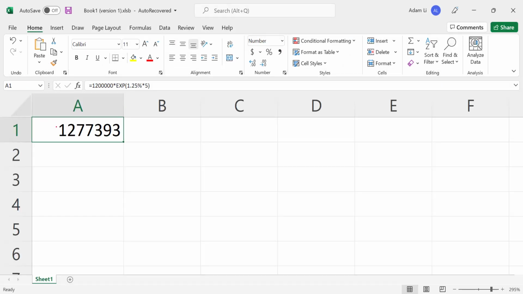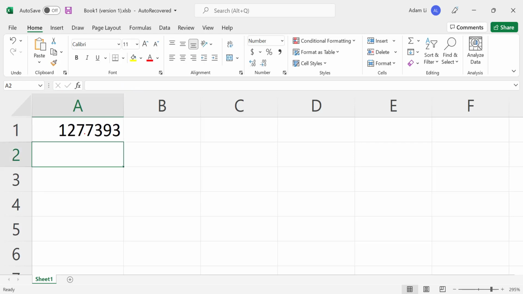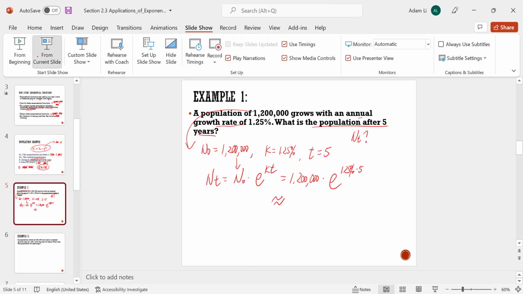And calculator has similar input, right? So you're gonna put in the equal sign first, 1,200,000 multiplied by EXP, which represents e to a certain power, 1.25% multiplied by 5. And that should give us the number, and that gives us 1,277,393.